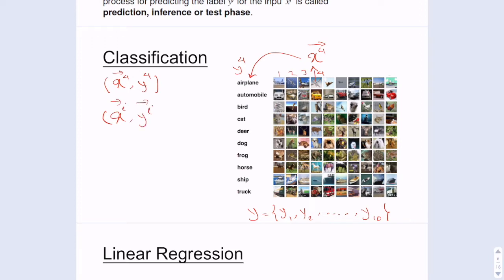Sorry, y is not a vector, so yi, and then i goes from 1 to 2 to 100. I have 100 samples from this population. And then what is the dimension of the feature space? Another important thing. For images, usually we consider the number of pixels as the number of features.